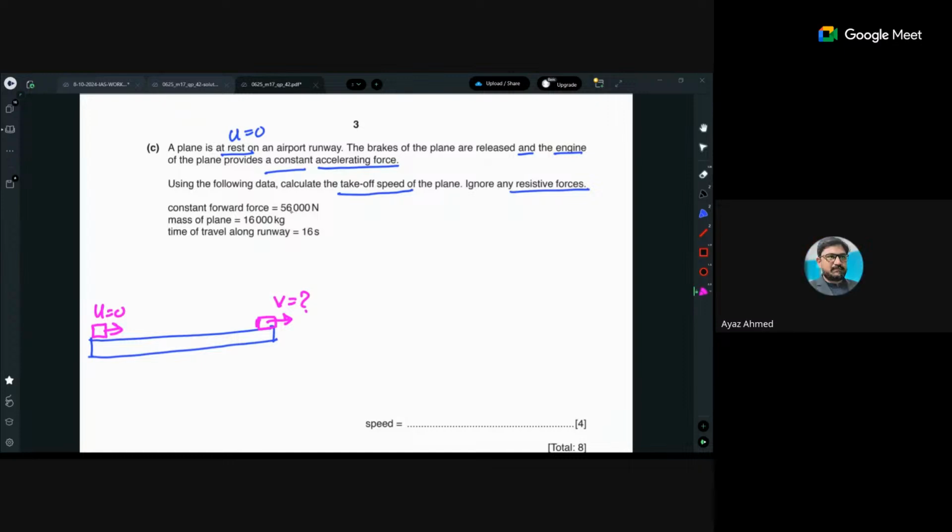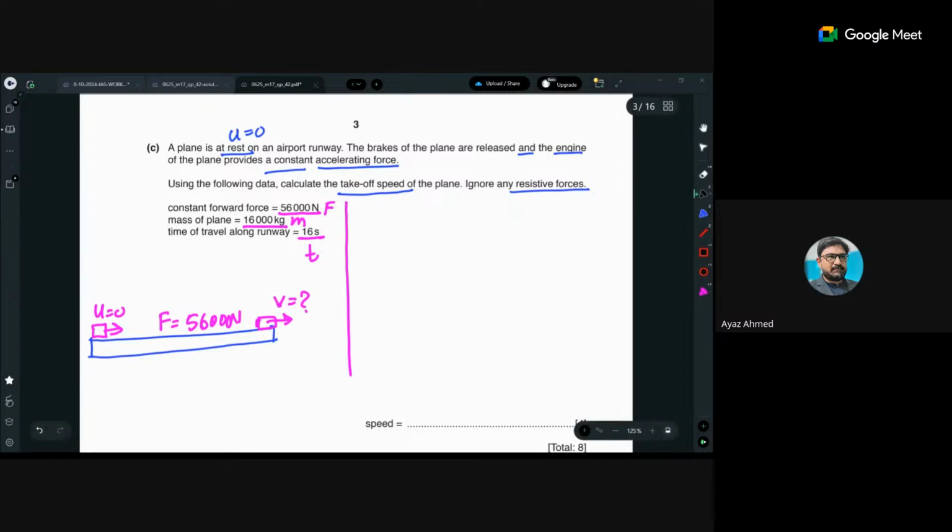अब देखो, force how much force is there? There is 5600 Newton force. Constant force F equals 5600 Newton. Mass is given to you. Okay? 56,000 newtons, sorry, 56,000 Newton. And you have time. Mass given hai, force given hai, time given hai.